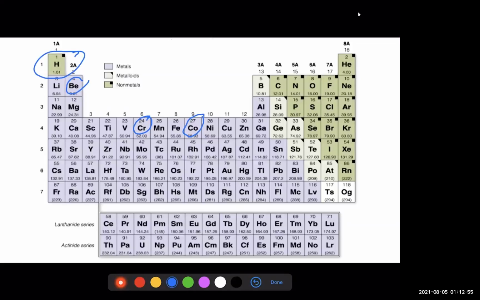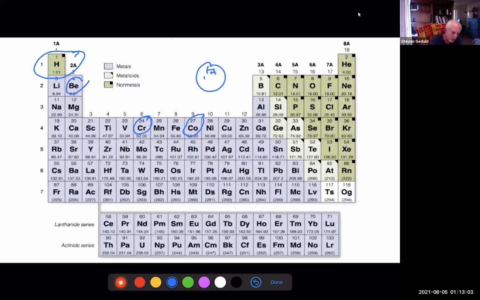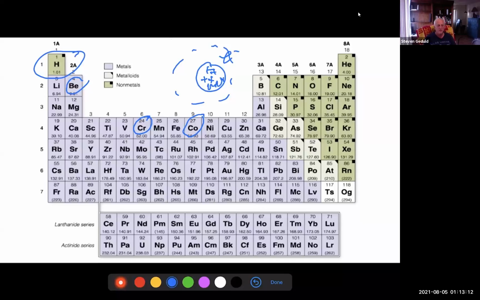Every atom has protons and neutrons in the center and electrons spinning around it. Protons have a positive charge, neutrons are neutral, and electrons are negative, spinning around them.